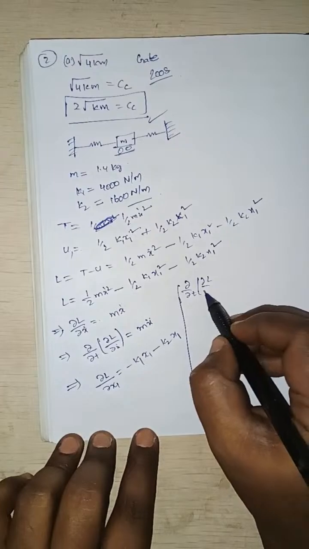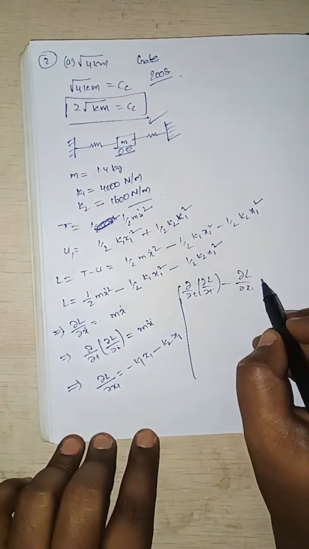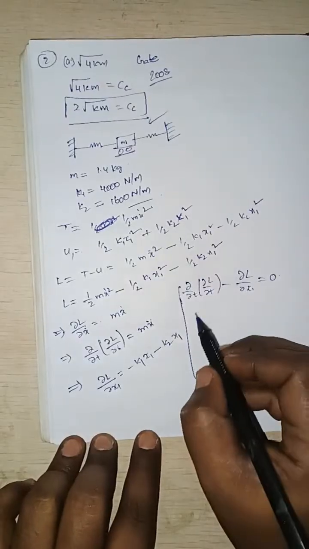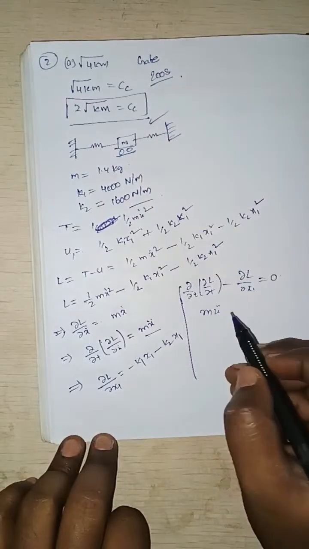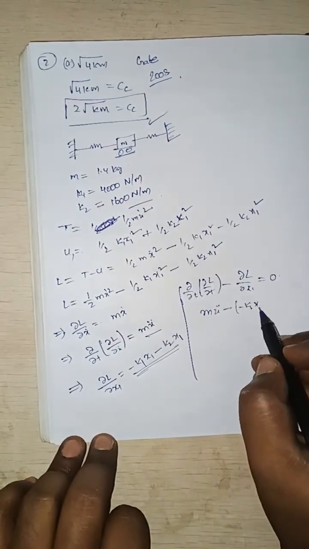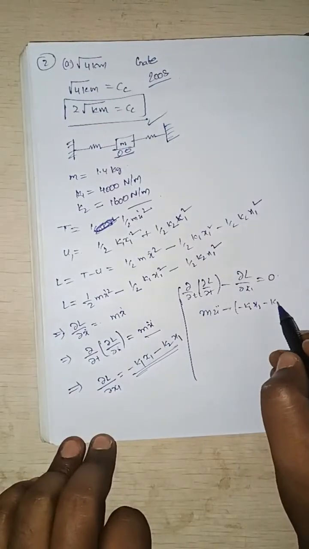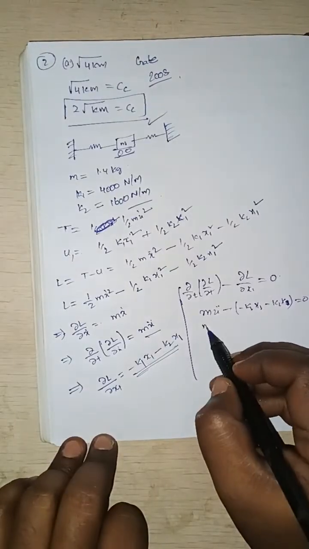Now m x double dot is simple m x double dot, minus of minus k1 x1 minus of k2 x1 is equal to 0.